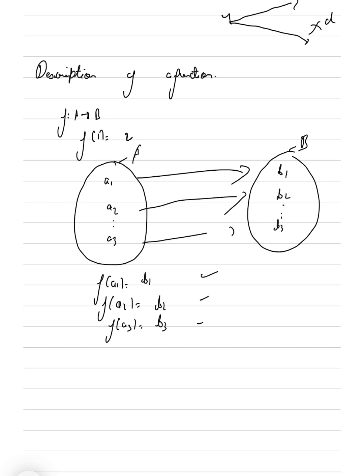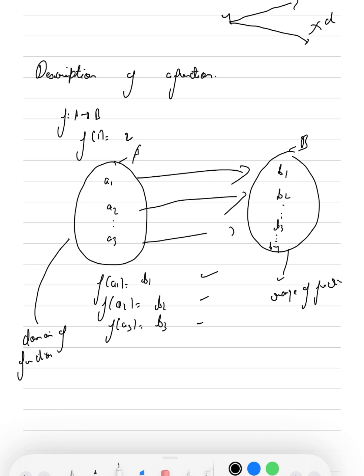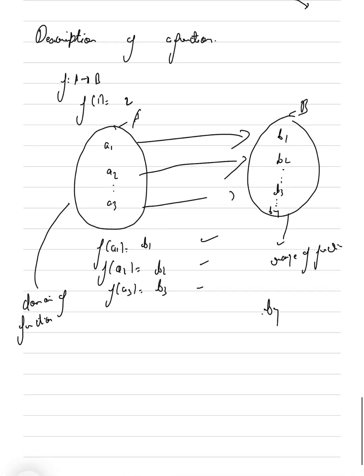And here you can say that a1, a2, a3 are nothing but the domain of the function, and b1, b2, b3 are the range of the function. Let us consider there is an extra element b4. You can clearly see that b4 belongs to B, but it is not associated with any element of A. It is a lone image.